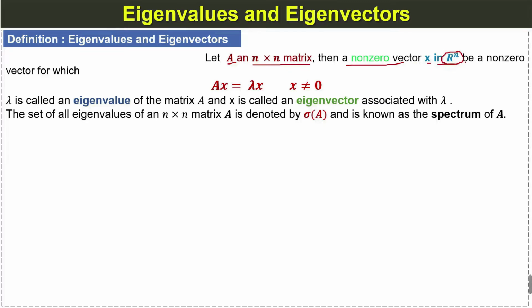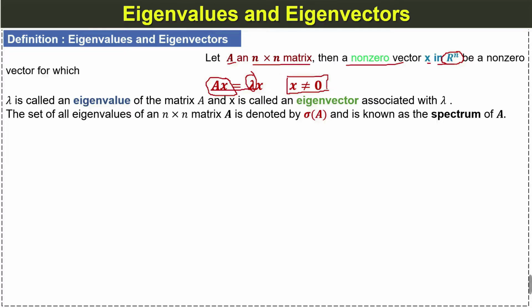Okay, so x is a non-zero vector for which this operation, that is the product of the matrix A and the vector x, is equal to some scalar lambda times the vector x. Okay, so here the vector x cannot be equal to 0.